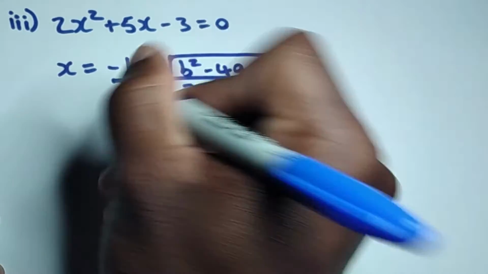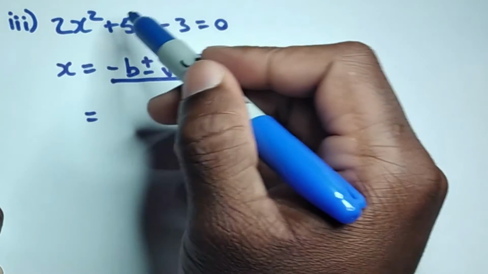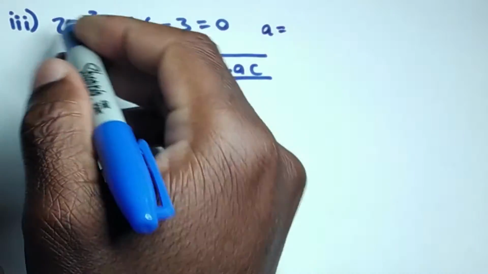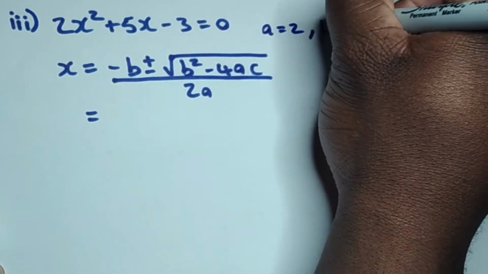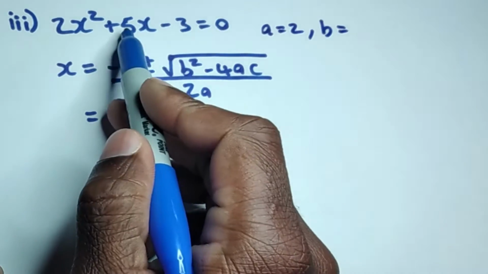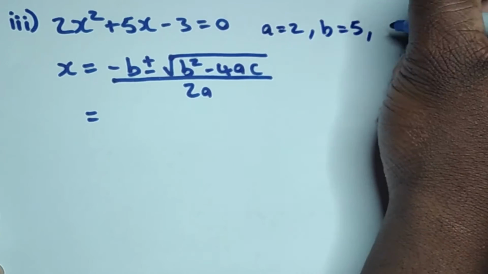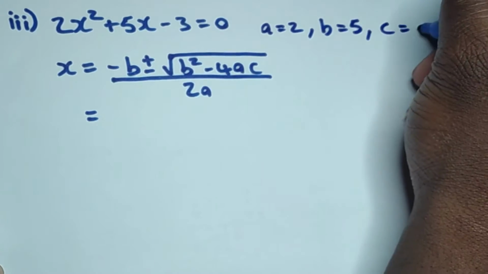Now what will this give us? Again, we can always identify our a, b, and c respectively. Our a is the coefficient of the x squared term, which is 2. Our b would be the coefficient of the x term, which is 5. And our c would be the constant, which is negative 3.